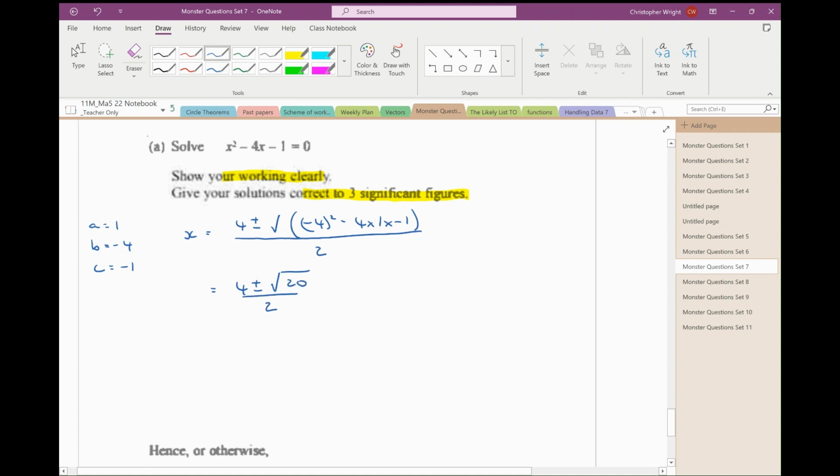Okay, so now I'm going to use my calculator to give me my two solutions. 4 plus the square root of 20, divided by 2, equals 4.23.